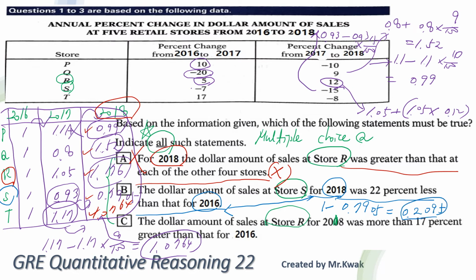And if we change it to a percent, it's 20.95%. So we compare 22% and 20.95%.